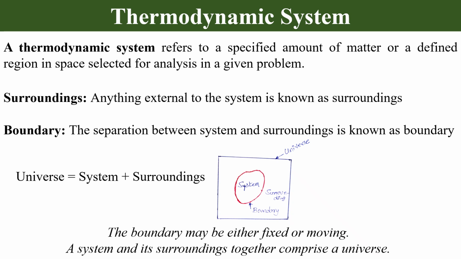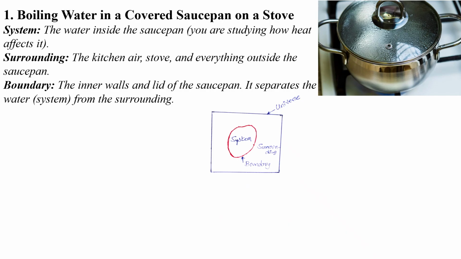And this boundary may be either fixed or moving. A system and its surroundings together comprise a universe. Let's see some examples of thermodynamic systems. First one is boiling water in a covered saucepan on a stove.